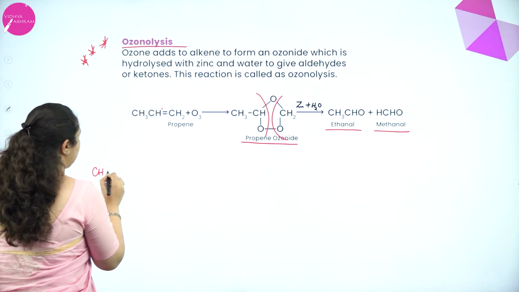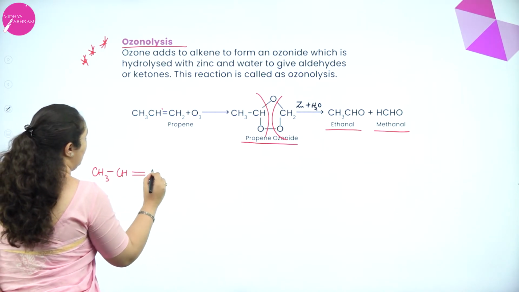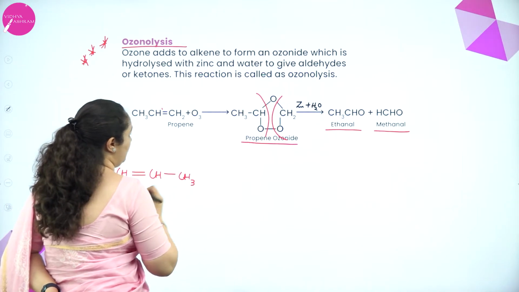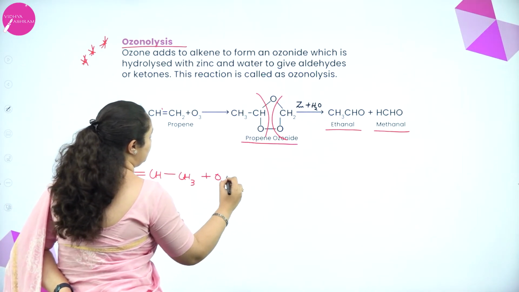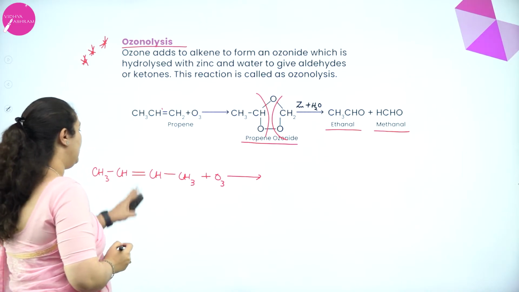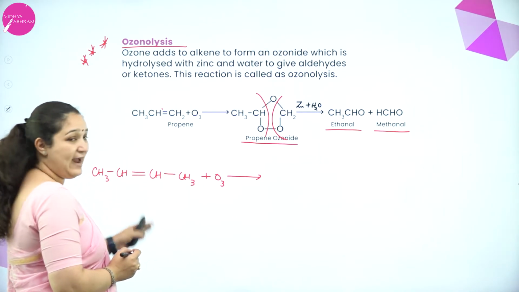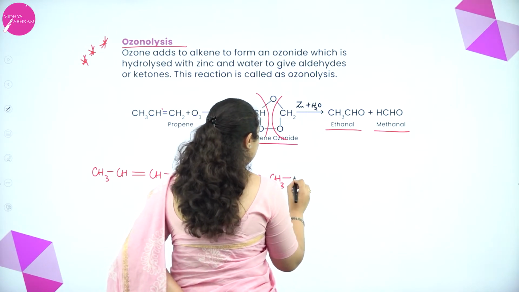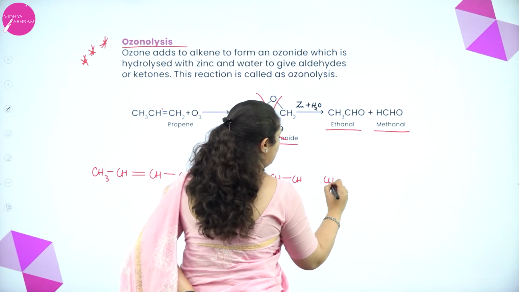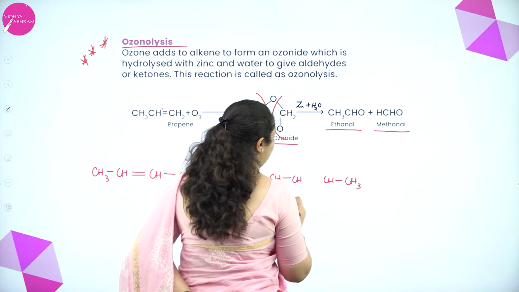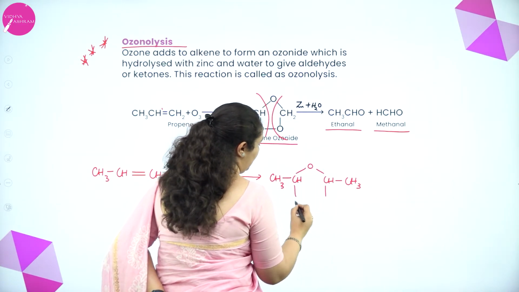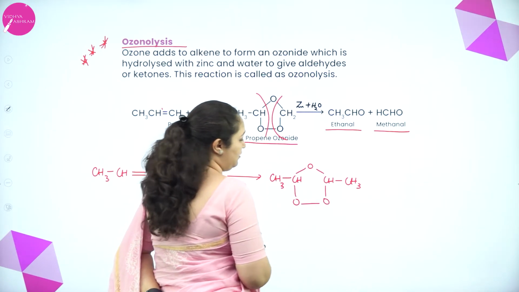CH3, CH double bond CH, CH3. With ozone, what will it form? I have to remove the double bond and add ozone there. So I write CH3, CH, CH, CH3, and here you see how I am adding 1, 2, 3 oxygens, then linking like this.